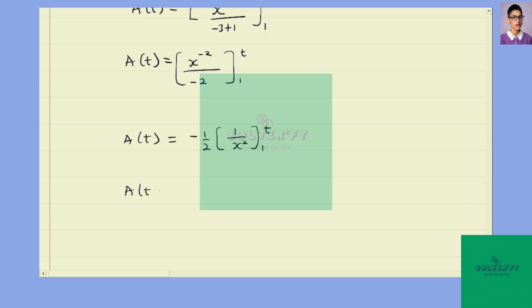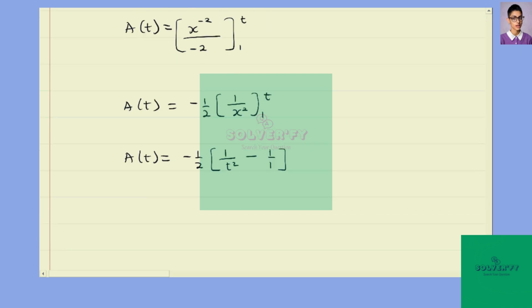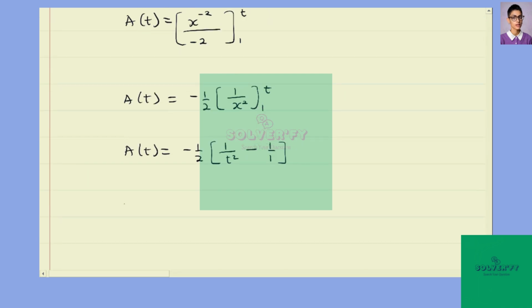So here we have the negative half out, and we have 1 over t squared minus 1 over 1. So the area is negative half times 1 over t squared minus 1.